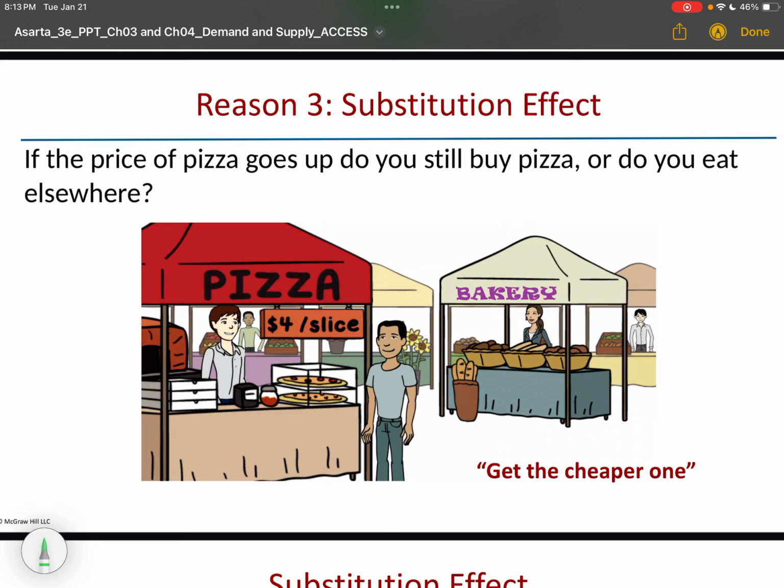And what do we always go for? The cheaper one. Yeah. That's the substitution effect. That there are certain goods that can be consumed in place of another one.